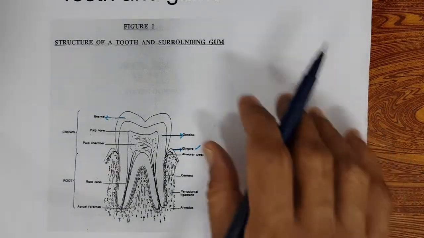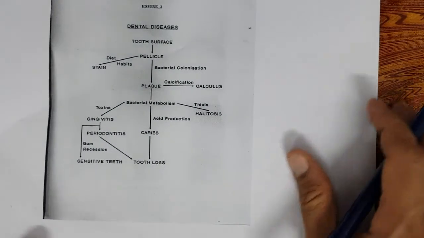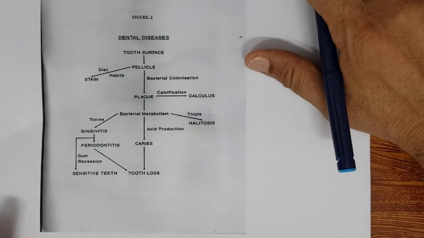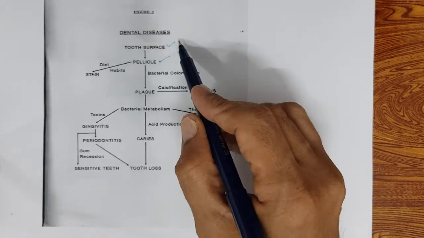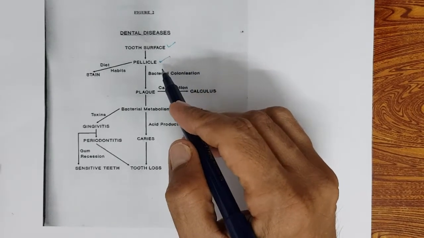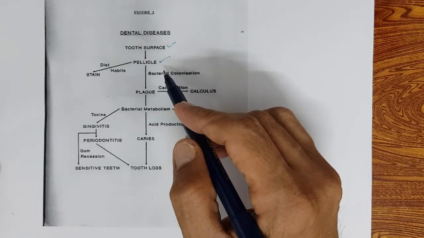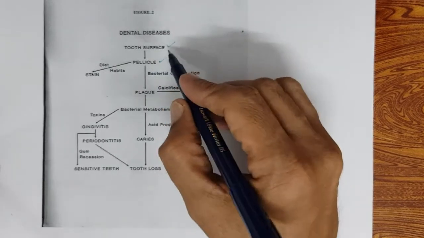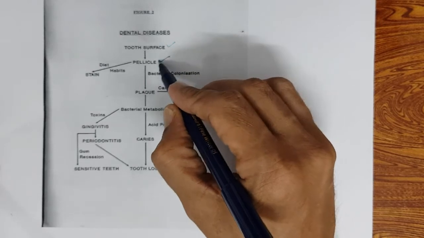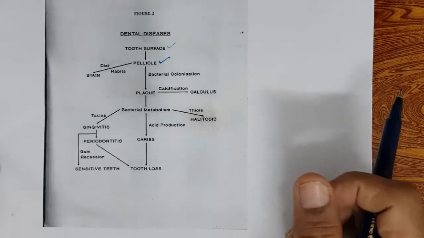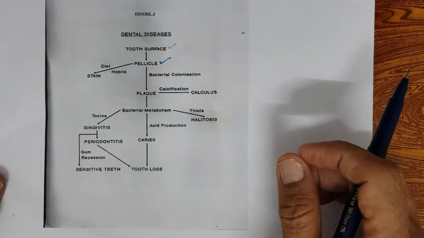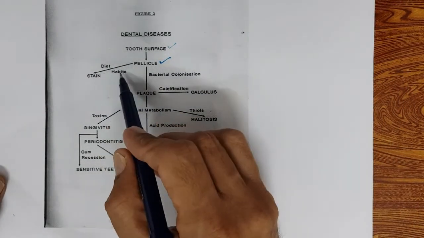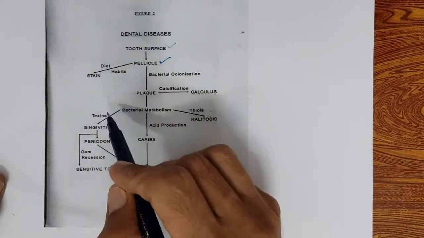Now, on the tooth surface, protein films are formed, and that is called the pellicle. Diet and habit stain the pellicle.